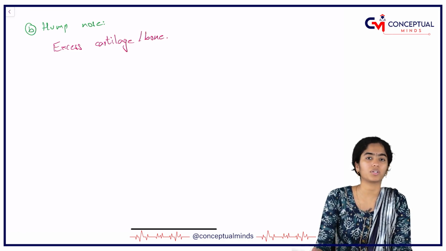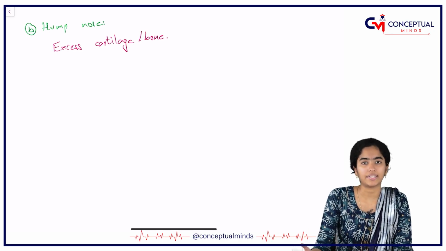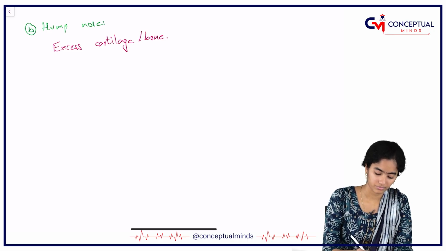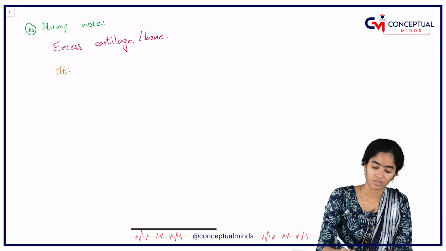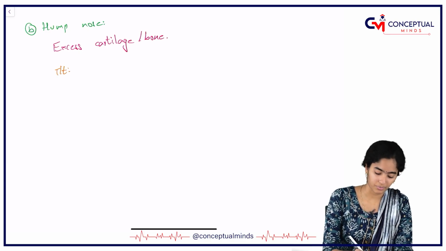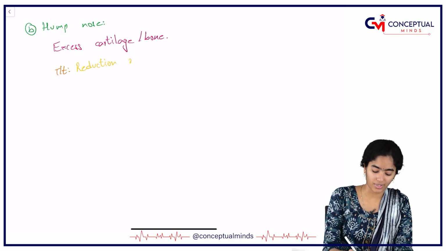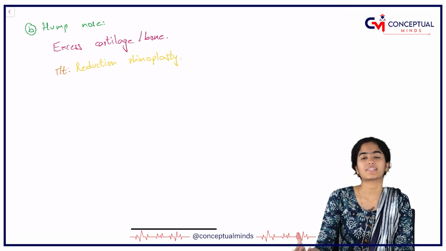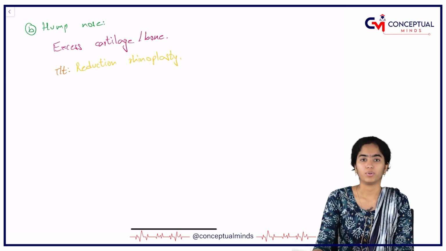A hump nose will not produce any difficulty in breathing. Okay, how do we treat a hump nose? Treatment is by reduction rhinoplasty here. In saddle nose, it was augmentation rhinoplasty, and here it is reduction rhinoplasty. Why reduction? Because there is excess cartilage and that has to be removed.